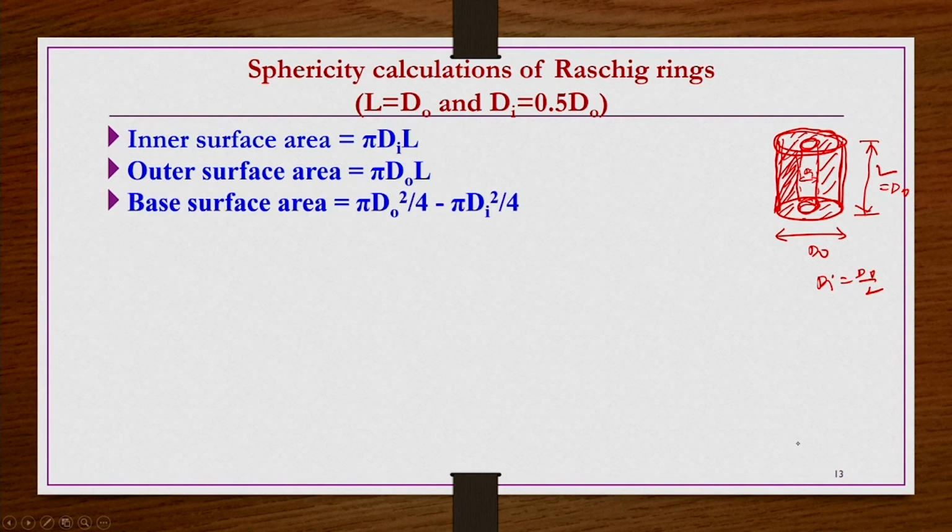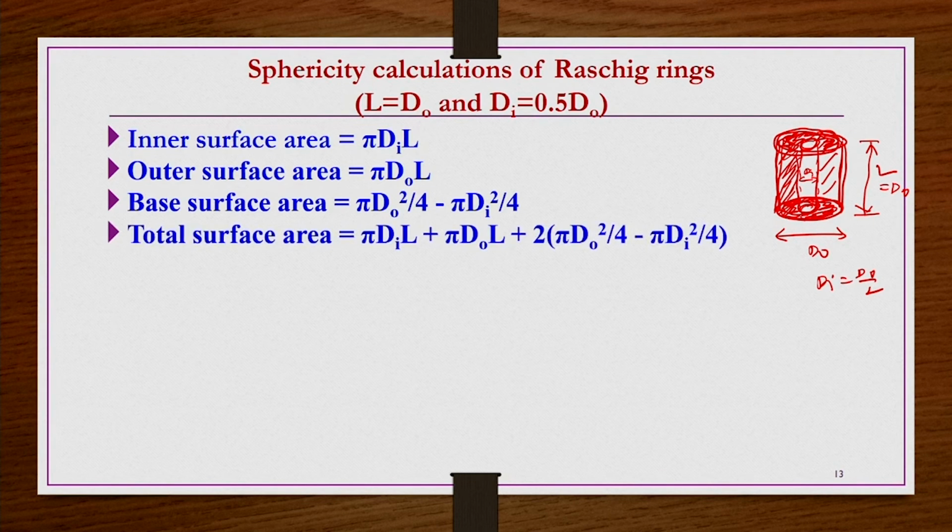Similarly, the base surface area is pi d naught square by 4 minus pi di square by 4, that is, the outer circle area minus the inner circle area. It is needed for 2 sides, top and bottom, so it should be multiplied by 2.